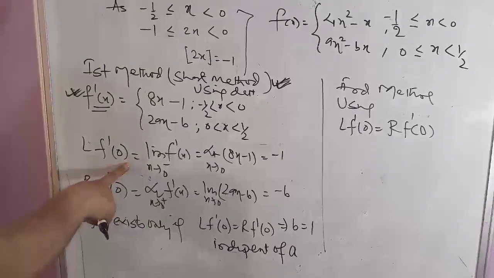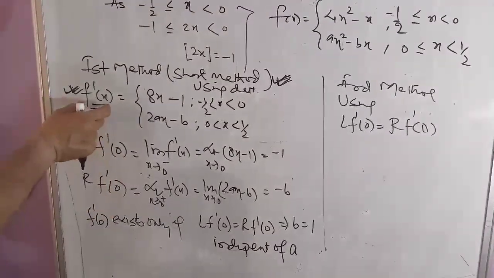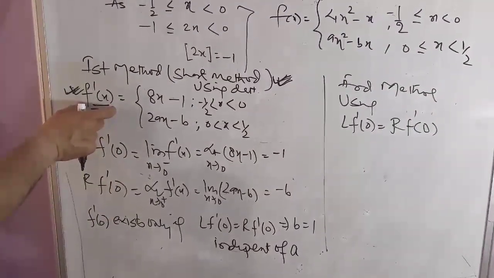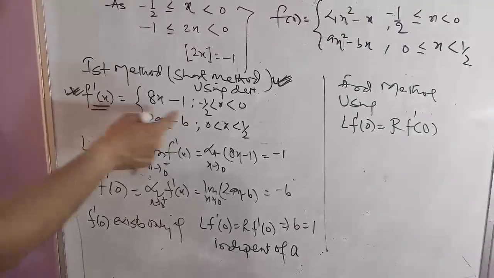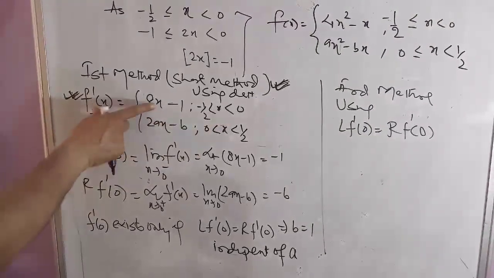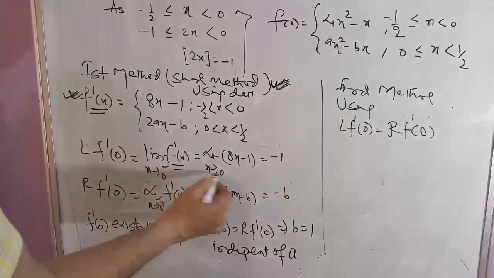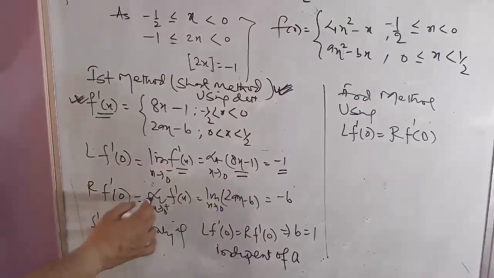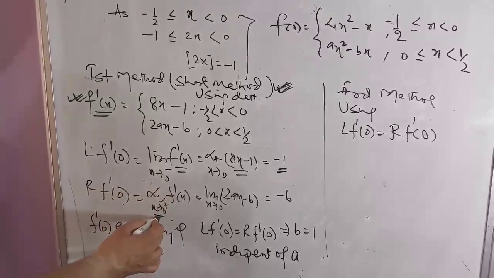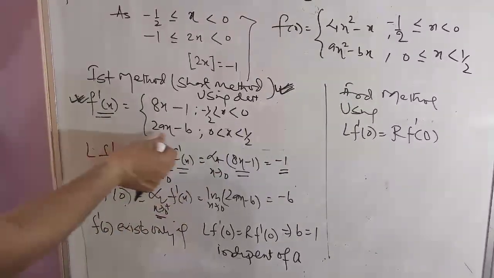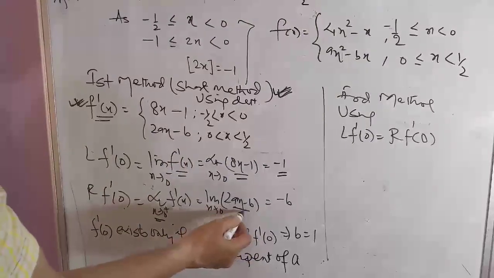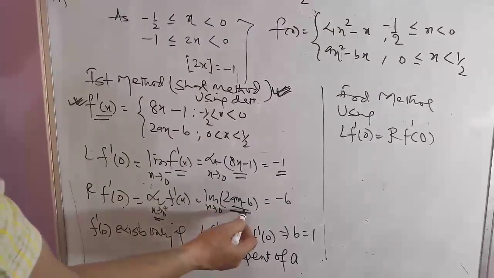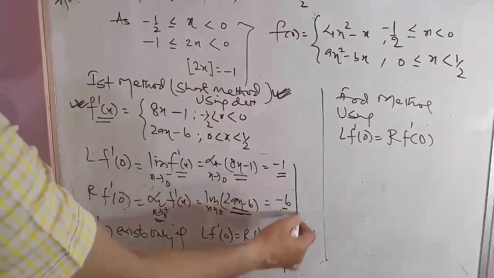L f dash 0, left hand limit of f dash x when x tends to 0, x less than 0, f dash x is 8x minus 1, this will give minus 1. R f dash 0, limit of f dash x as x tends to 0 plus, greater than 0, f dash x is 2ax plus b, x tends to 0, this is equal to b.